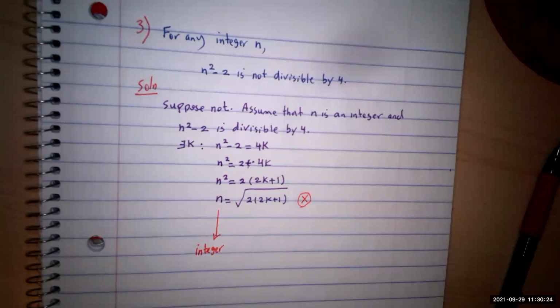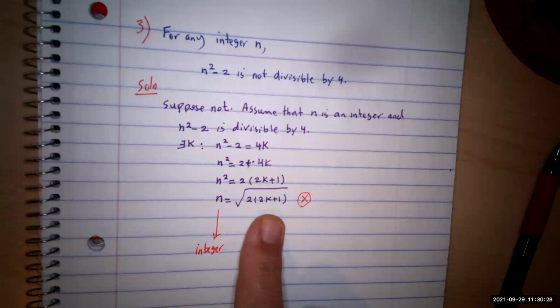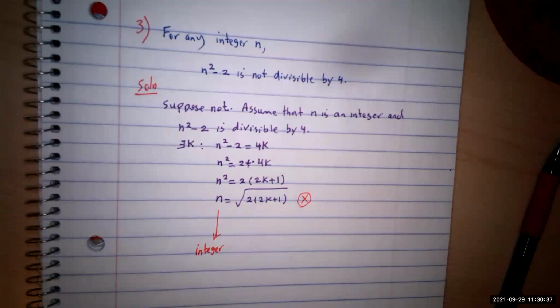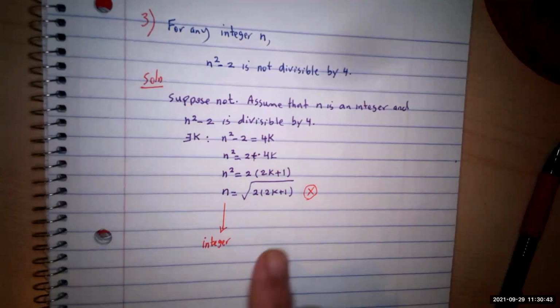So this is a 2. To make it a perfect square, you need another 2, so 2 times 2 would be 4. And 2k plus 1 is an odd number, like 3 or 5. So in order to make that a perfect square, you need a similar one.